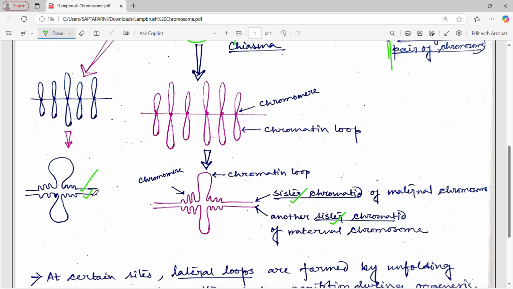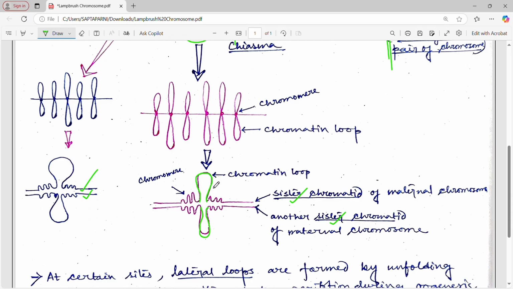And the interesting thing is that these sister chromatids are not similar in structure at all places. In some places they form large lateral loops like this. So these are the large lateral loops of the sister chromatids at some sites.